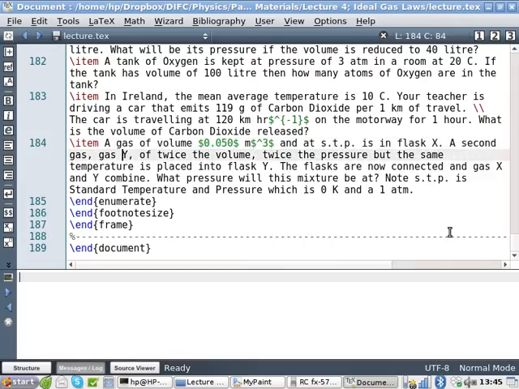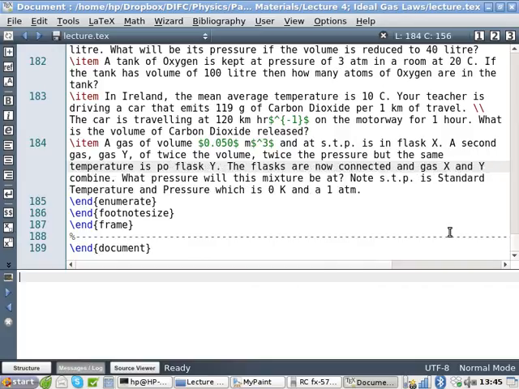A second gas, gas Y, of twice the volume, twice the pressure, but the same temperature is in flask Y. The flasks are now connected and gas X and Y combine. What pressure will this mixture be at?